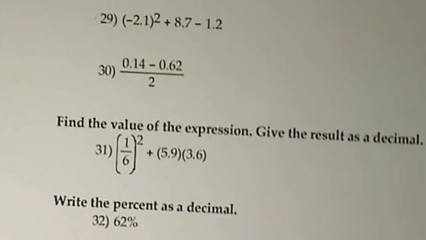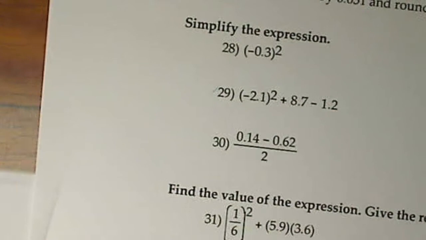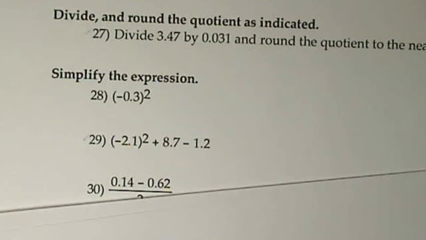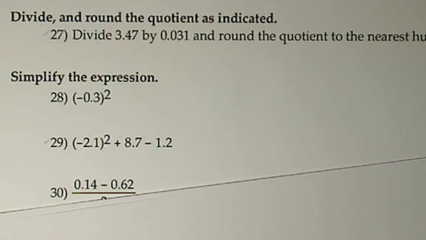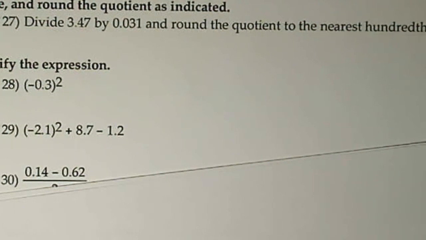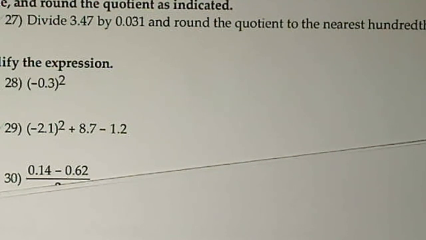So we're going to look at 27. This will keep us busy for a few minutes here. All right. Divide and round the quotient as indicated. All right, so 27. I'm going to zoom out 1 just to read the whole thing.